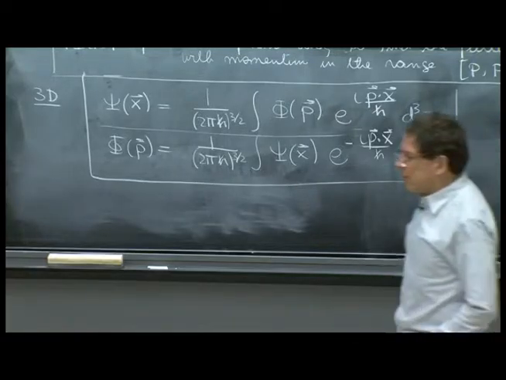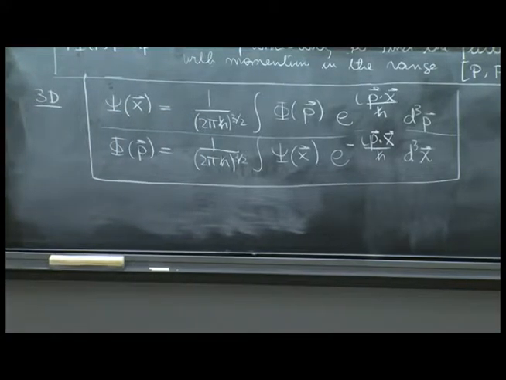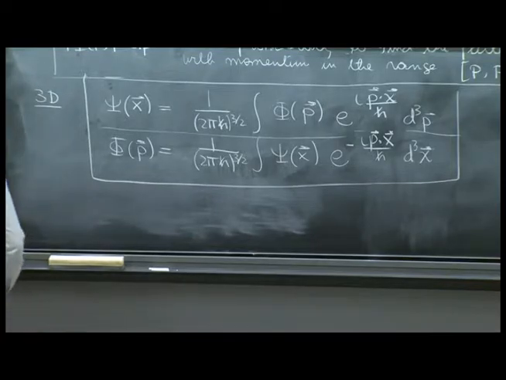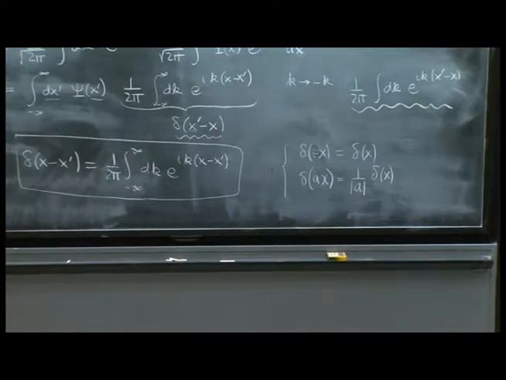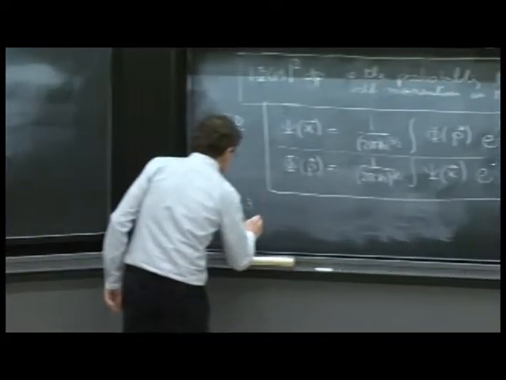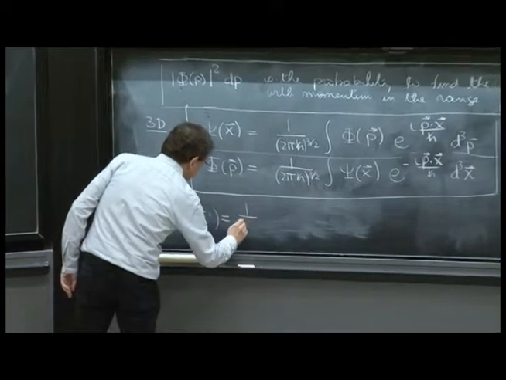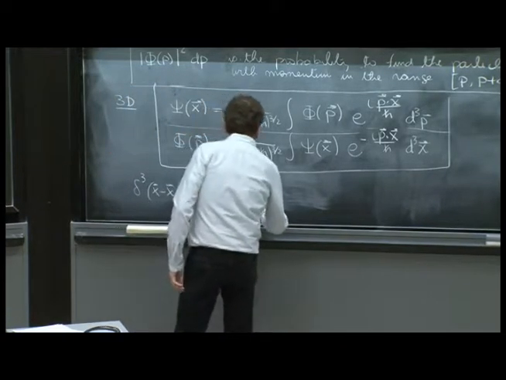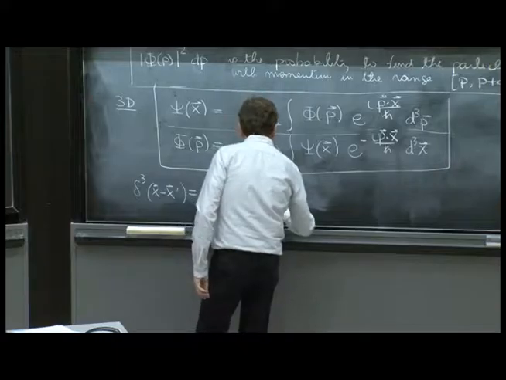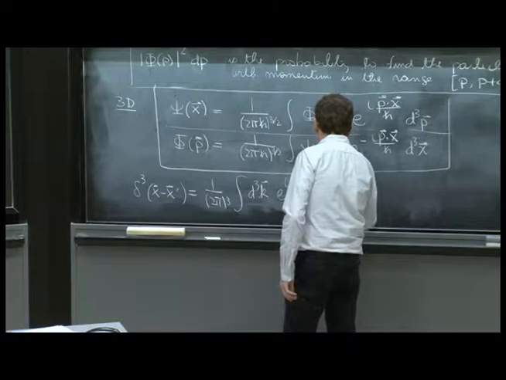And there is a three-dimensional version of Parseval. So there's a three-dimensional version of the delta function. Just like we had a delta function here, a delta function in three-dimensional space, delta cube of x minus x prime, would be 1 over 2 pi cubed, integral d cube k, e to the i k vector dot x minus x prime vector.